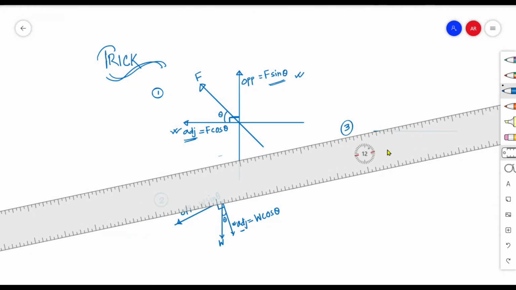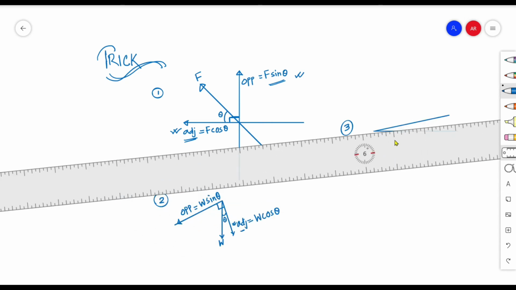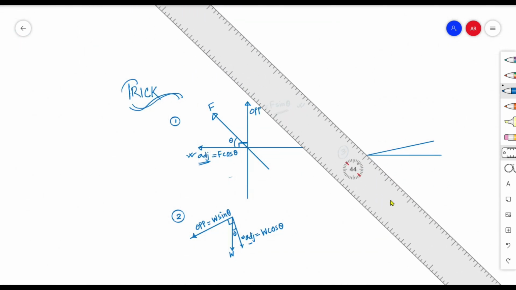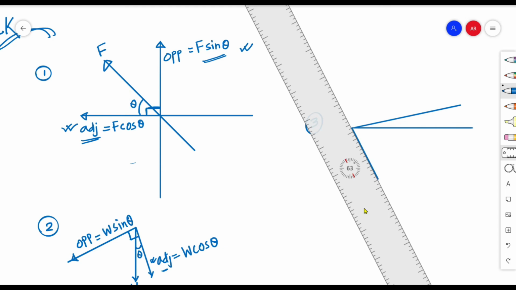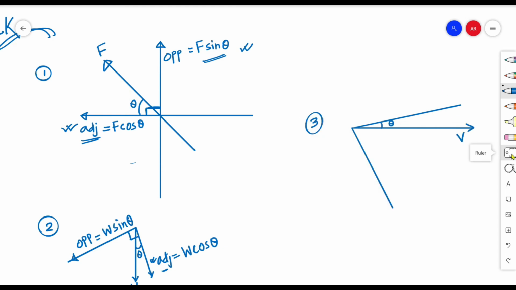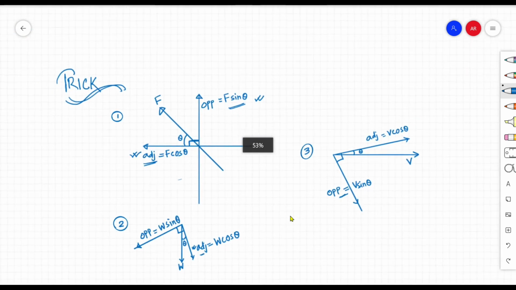Case number 3. Here I drew the horizontal vector. The horizontal vector makes an angle theta with the slanted upward line. So since horizontal V makes an angle theta with that slanted line, that is obviously adjacent, and that is V cos theta for sure. Perpendicular to this V cos theta is opposite, which is V sine theta. It should be so that the vector V is lying in the plane of cos theta and sine theta.